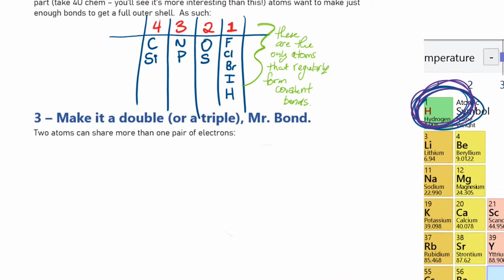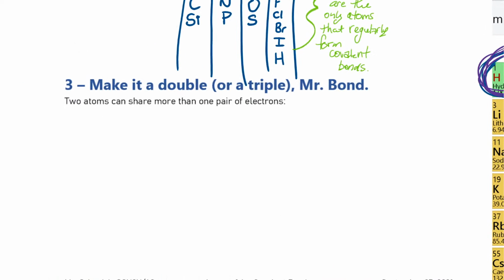There we go. All right, now another thing to note is that atoms can share more than 1 pair of electrons. So for example, exempla gratia, we could look at carbon dioxide, CO2, which is carbon and oxygen.